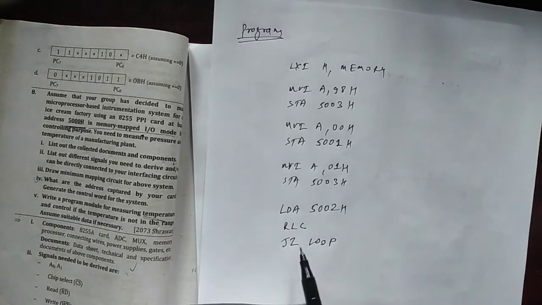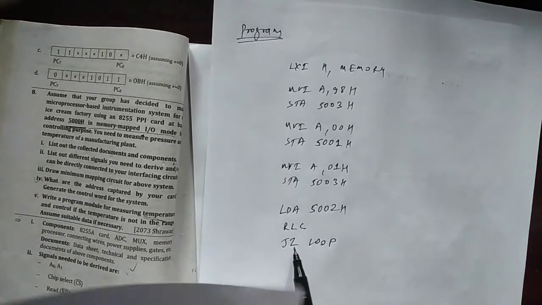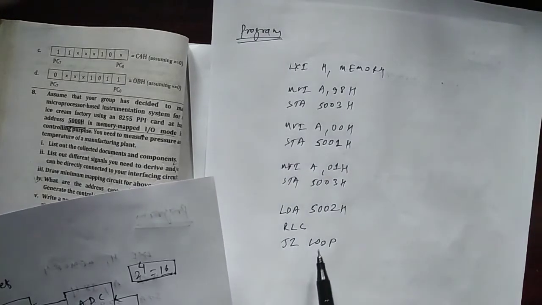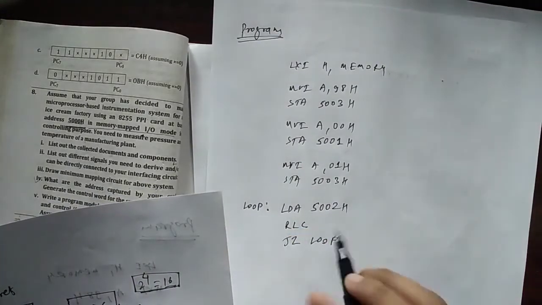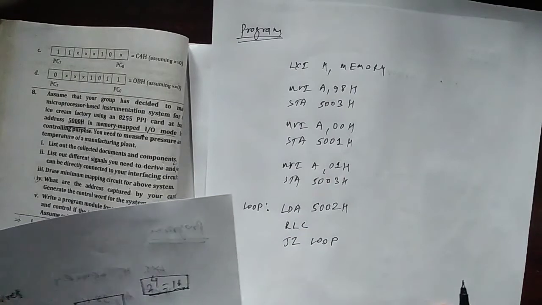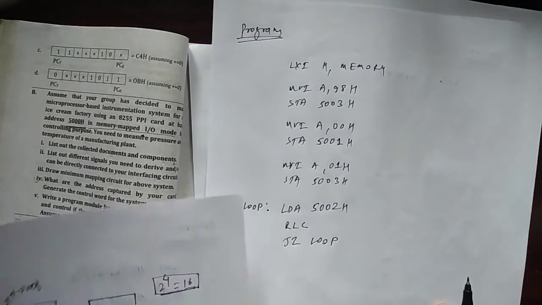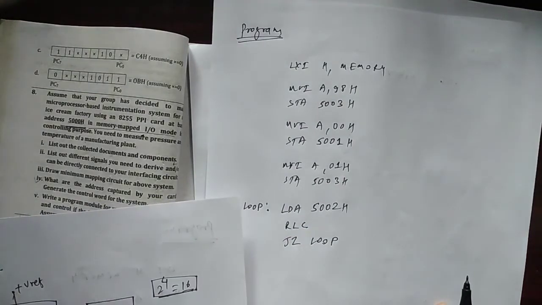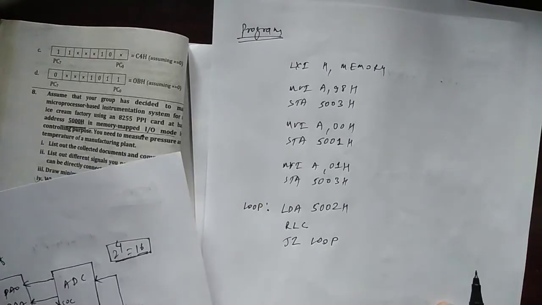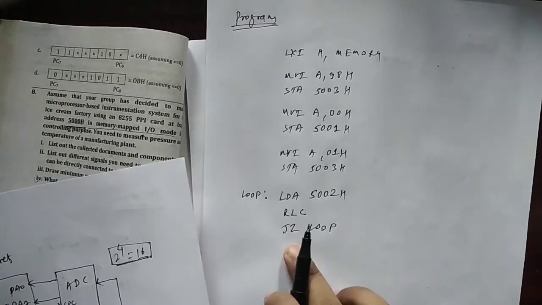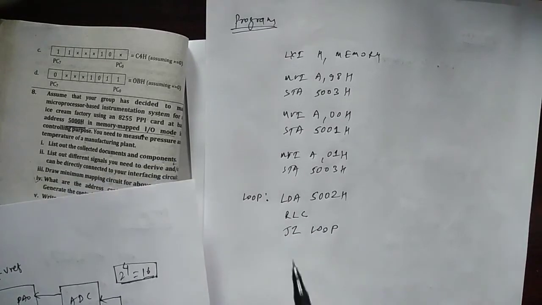So if PC7 is 0, then we'll loop over here. We'll continuously check if EOC has occurred. In other words, if the ADC has completed converting the analog input into digital input, and if it has, then we need to read input from the input port.